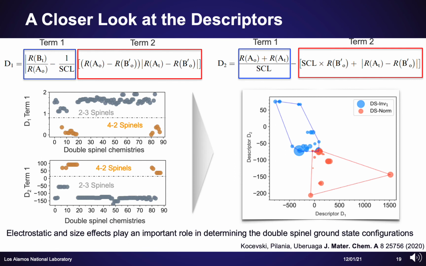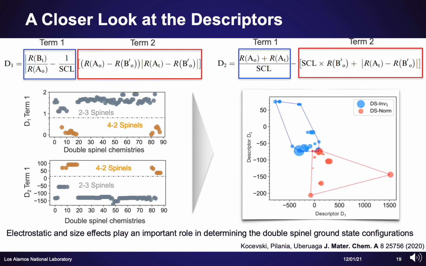Upon plotting each of these two terms, it becomes clear that both terms play an identical role in the construction of the two descriptors. They essentially separate the double spinel chemistries based on their cation electrostatics, i.e. normal double spinels formed by 2,3 versus 4,2 cation oxidation states.